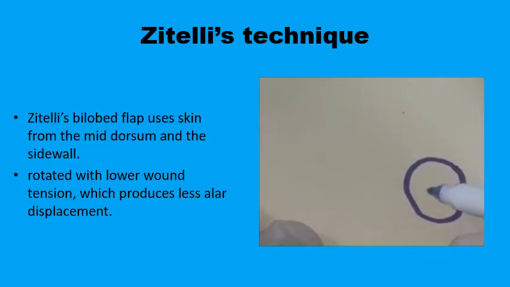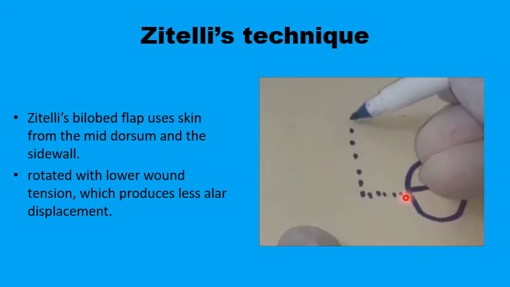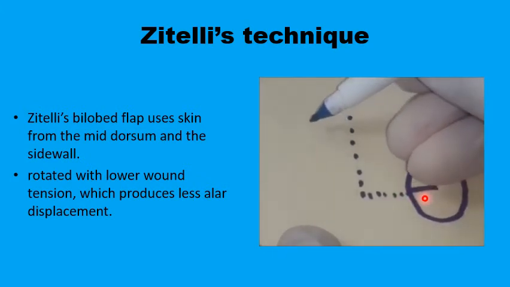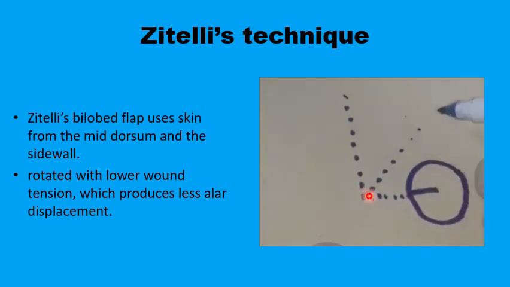In Zitelli's technique, you start by marking a line from the center of the circular defect, extending to the outside with a length equal to the radius of the circular defect, and then draw a 90 degree line and bisect it so that you have a 45 degree angle between these two lines.